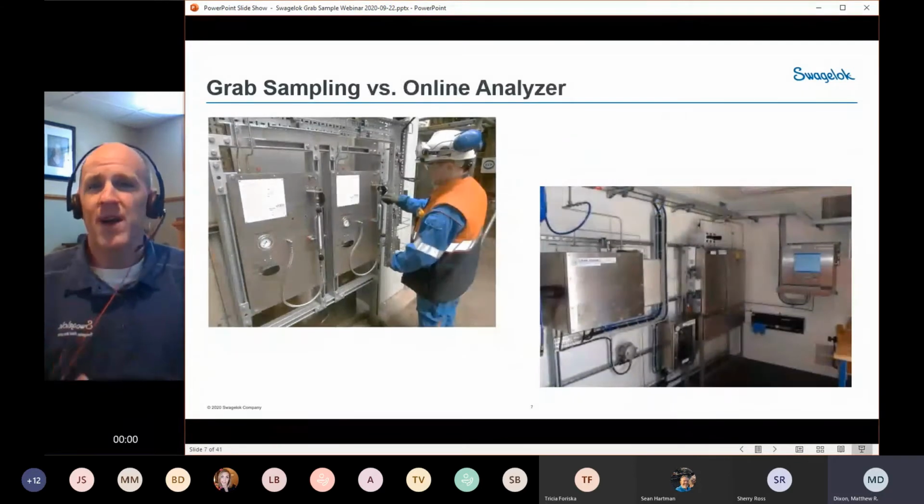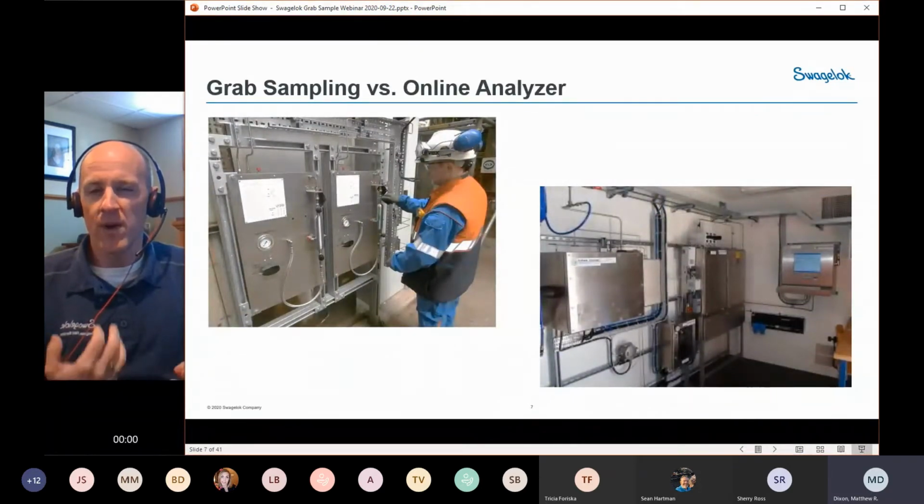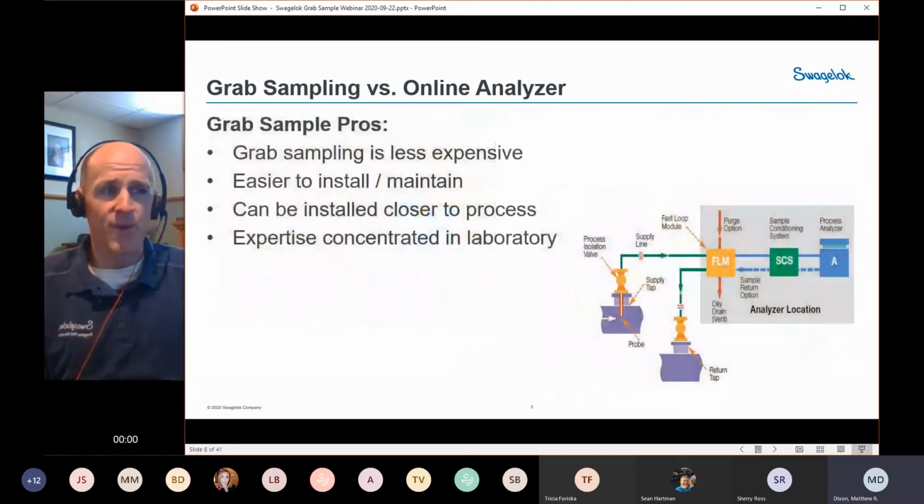So we've mentioned process analyzers a couple different times already. What are the differences between those two things? There are a lot of advantages to grab sampling, but there are also some drawbacks when we're comparing these two different sampling methods. First of all, grab sampling is a lot less expensive, at least initially, from an installation perspective.